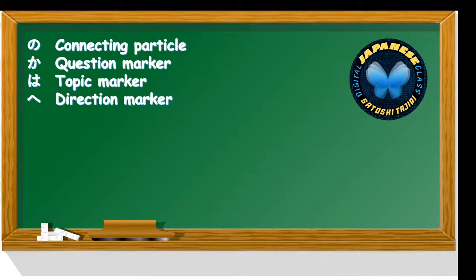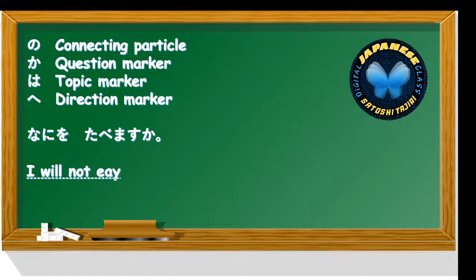Okay. Then to make it a question, for example, nani wo tabemasu ka? Okay, what are you going to eat? Then you want to say, I will not eat anything. Okay, how to say that? I will not eat anything. How to say that? Because we were able to answer that earlier for something that we want to throw, but you're not able to throw.